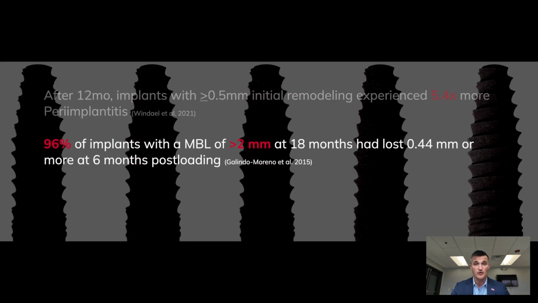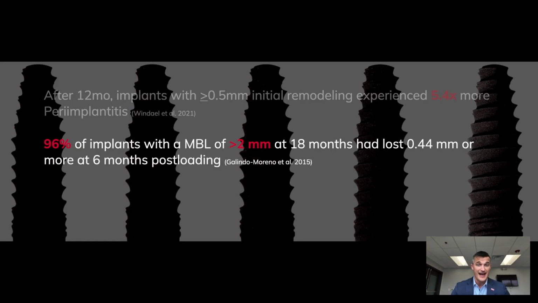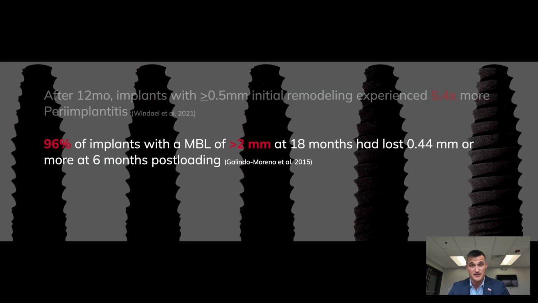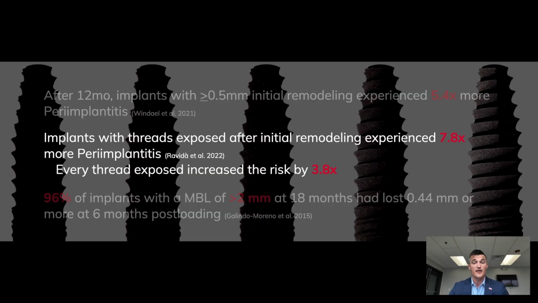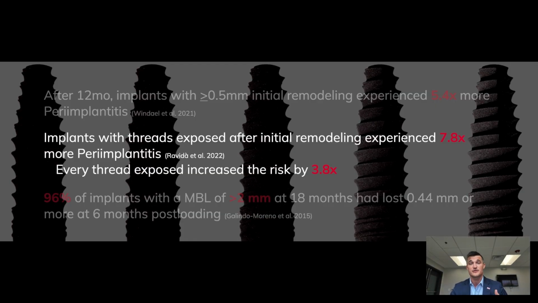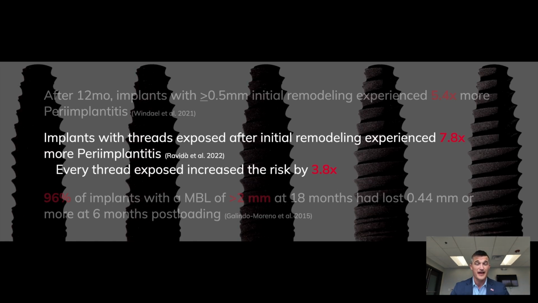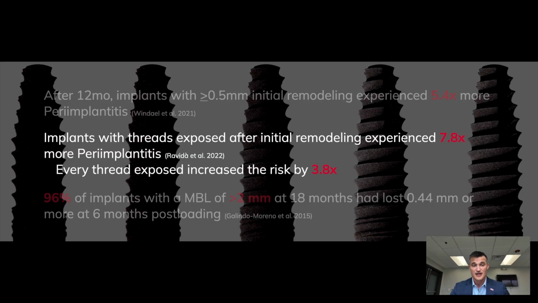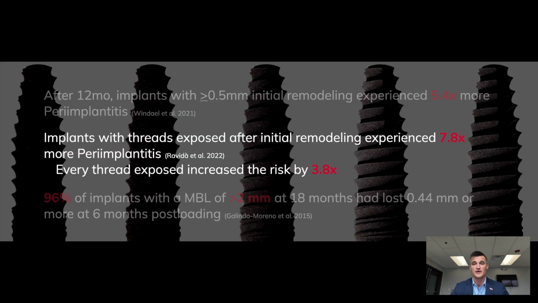In a study by Galindo Moreno, they saw that 96% of implants that had more than 2 millimeters of bone loss at 18 months had at least about 0.5 millimeter of marginal bone loss at 6 months. And finally, in the study by Andrea Ravita, they saw that thread exposure, so when an implant thread is exposed after initial remodeling, carried an 8 times greater risk for developing peri-implantitis, and every thread was worth a 4x on that likelihood of disease. So implant surface being exposed is increasing our risk for disease.